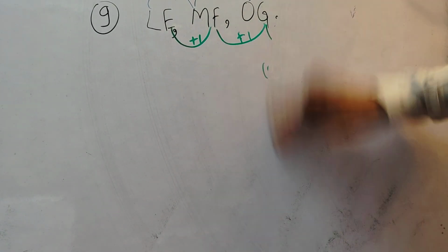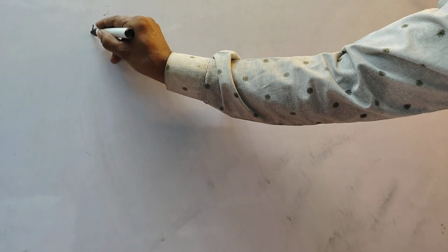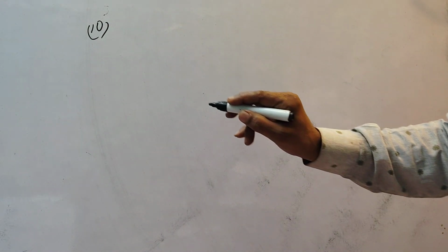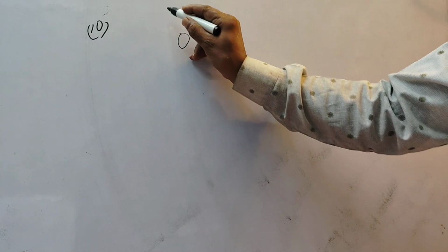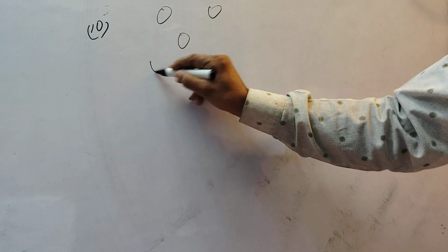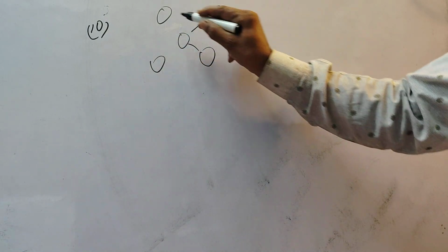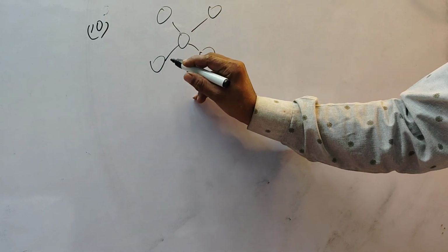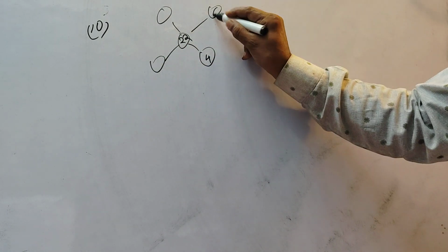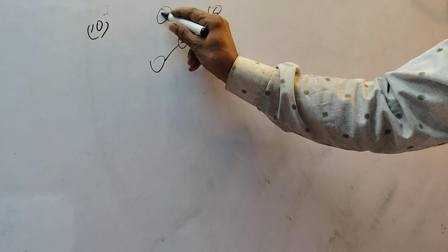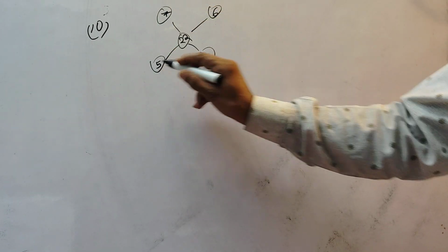Next one is find the missing number. So there is a pattern given. In the center there is 22. Outer there is 4 and 6 on the right side, left side is 7 and 5.